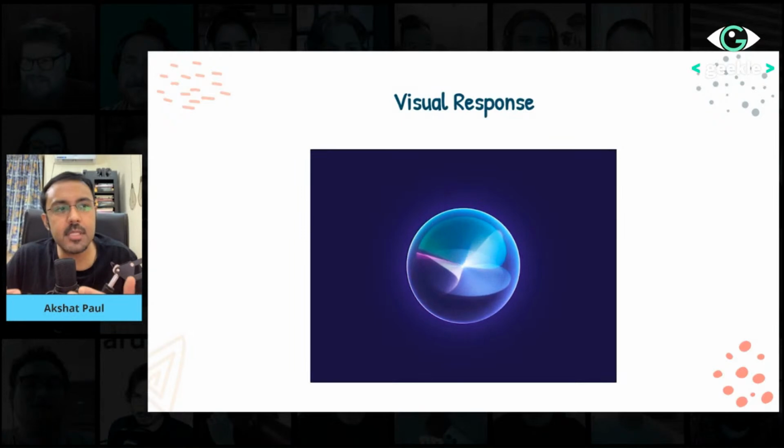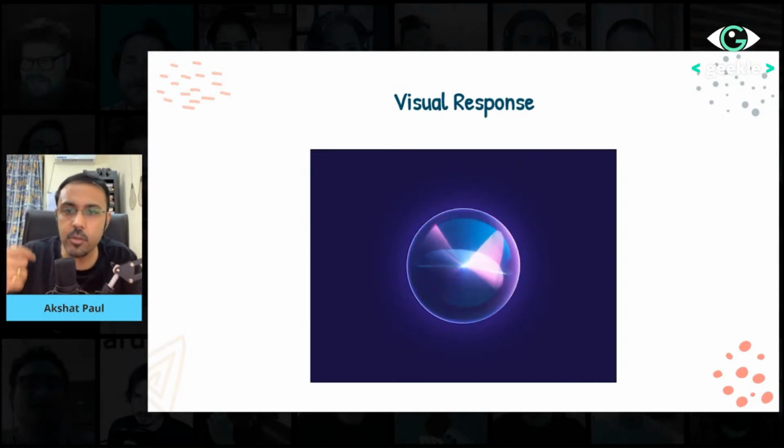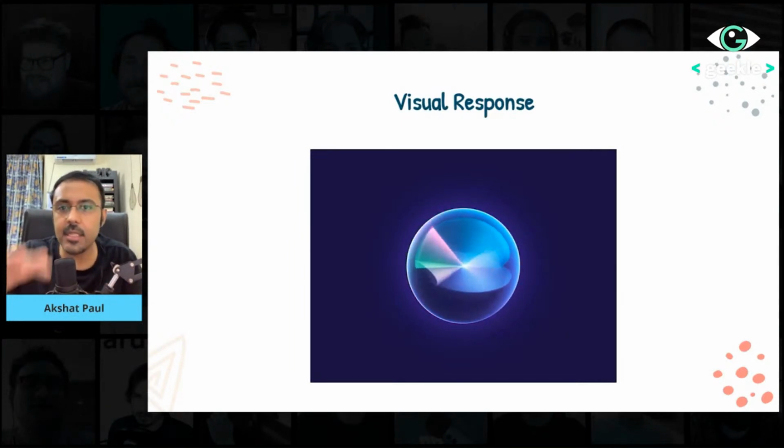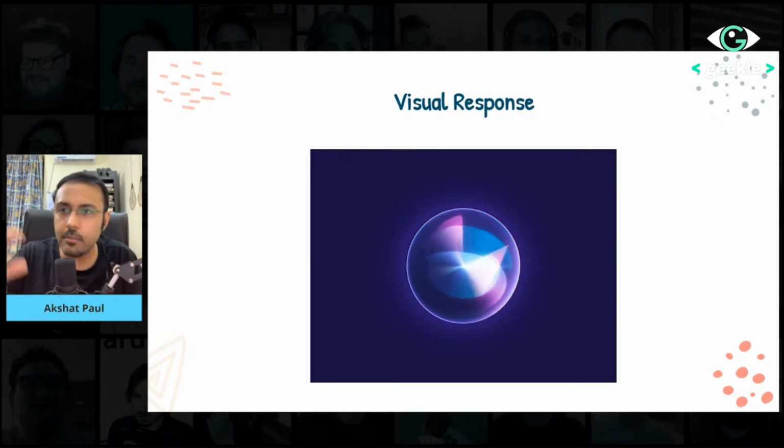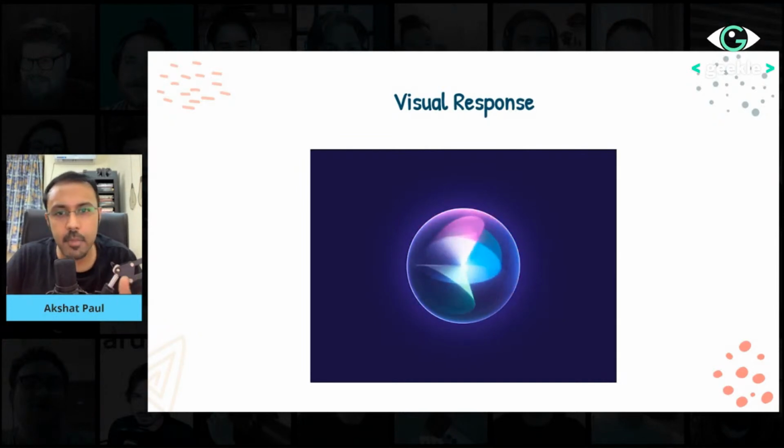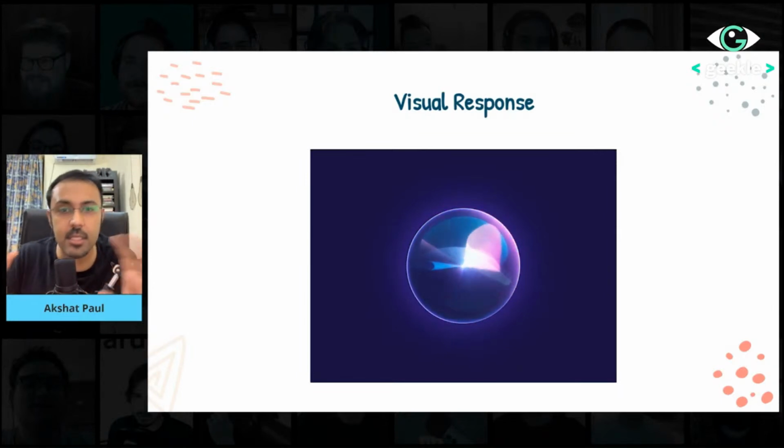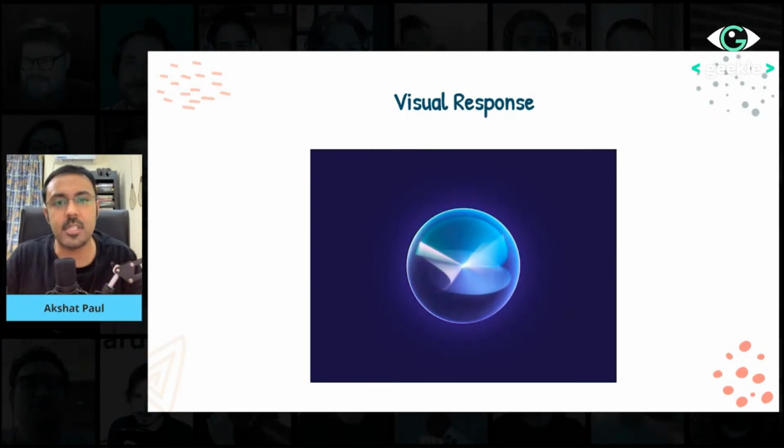That means it's hearing you, and when you start speaking again, there are these waves that form on this ball, which further says that it is listening to our instructions. And then of course at the end there is the final animation where it starts working its magic, that it's computing or processing something.